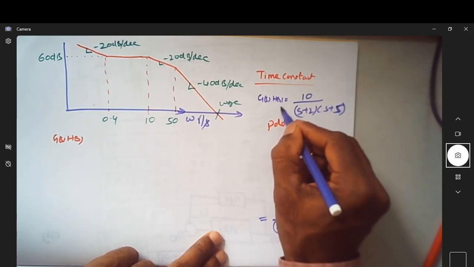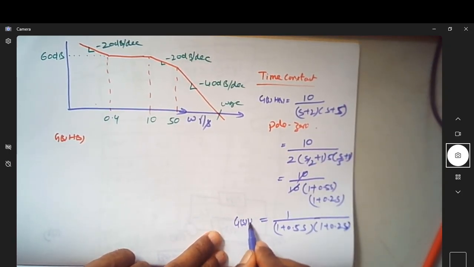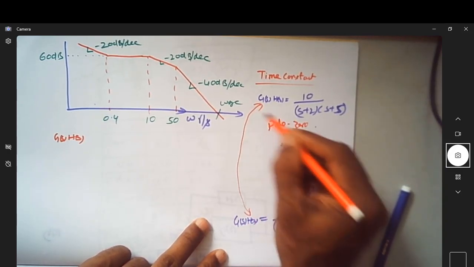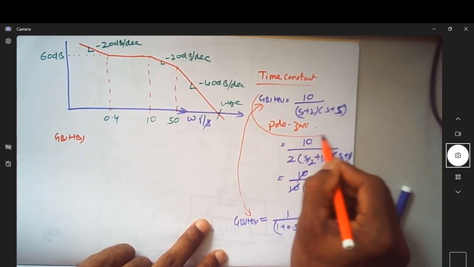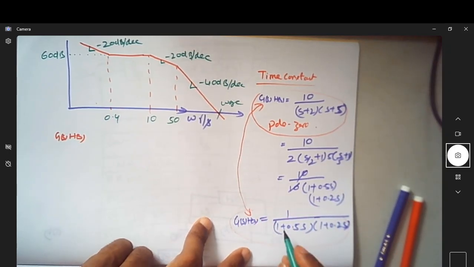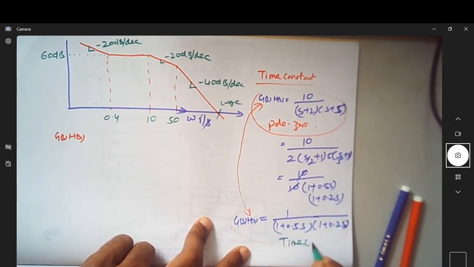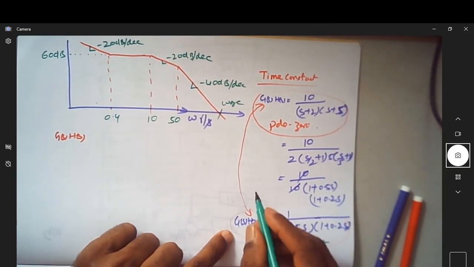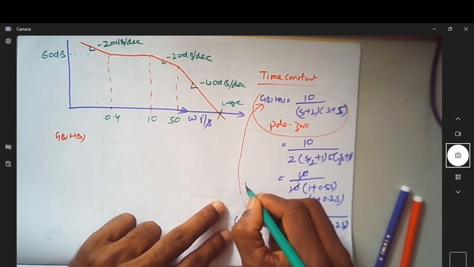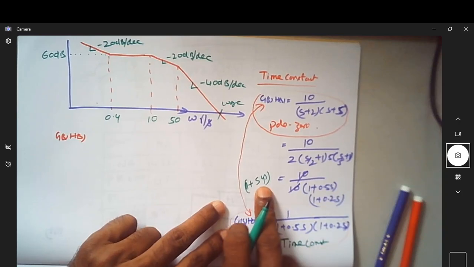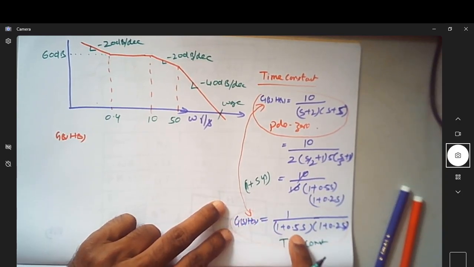So these two are similar transfer functions, or not just similar, they are the same transfer function, but this is represented in pole zero form, and this is represented in time constant form. The representation of this is called the time constant form representation of the same transfer function. In this case we represent the poles and zeros in the form of 1 plus s tau, where tau is the time constant.